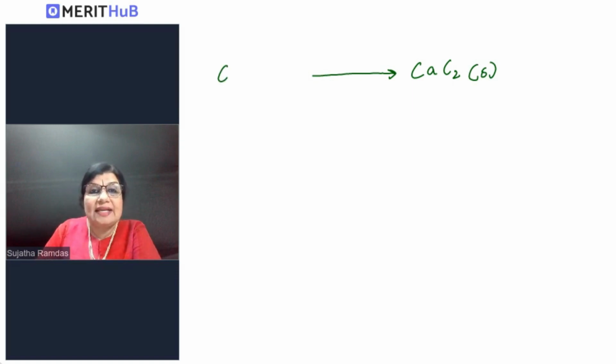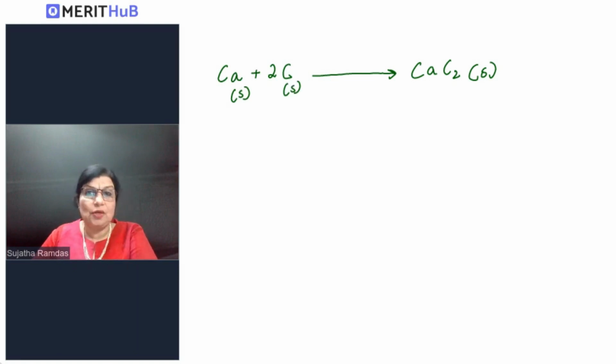The elements are calcium and 2 atoms of carbon, also in their standard states, so the physical states have to be represented in the Born-Haber cycle. This first transformation is the formation of calcium carbide from its constituent elements, and we call this enthalpy change the enthalpy of formation of calcium carbide, which is exothermic. The value is minus 60 kilojoules per mole.